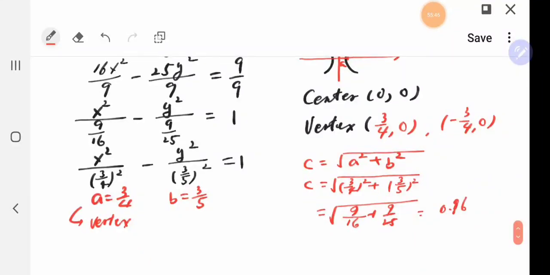So the foci will be x is 0.96, y is 0. The other one is negative 0.96 and y equals 0. So let's graph this one.